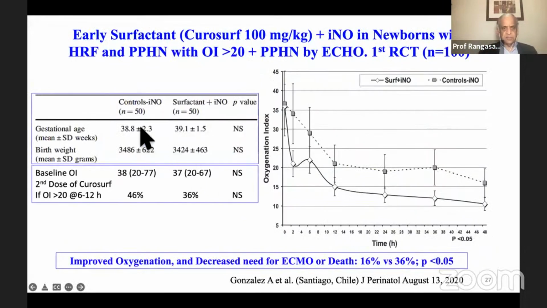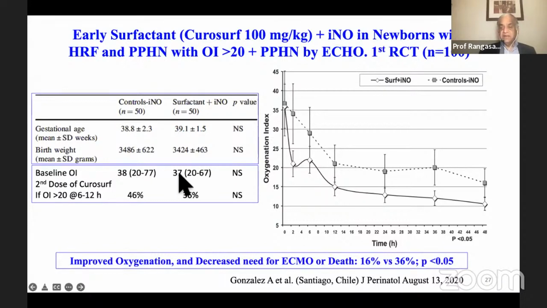Here is the study. These are term babies, 38 and 39 weeks. They gave control just only nitric oxide. Here, surfactant plus nitric oxide. They used poractant alpha, 100 milligram per kilo, and they showed similar birth weight, similar gestational age, baseline OI, very sick babies, mean 38, range 20 to 77.